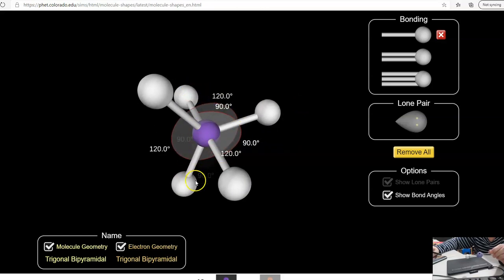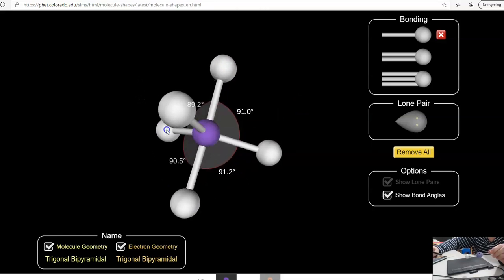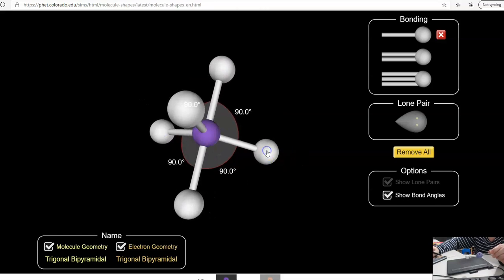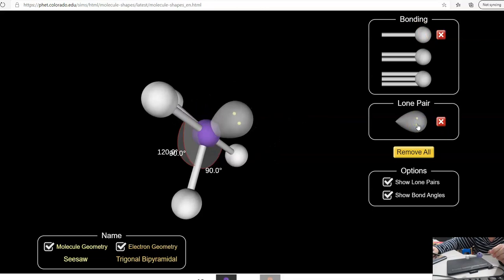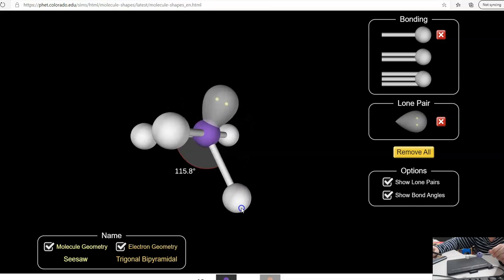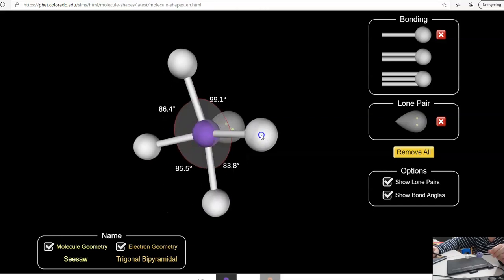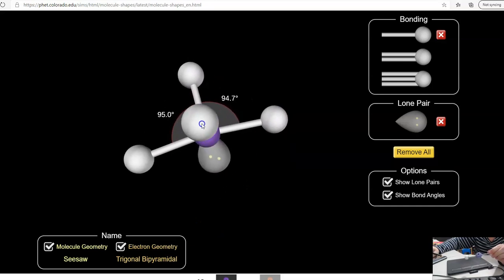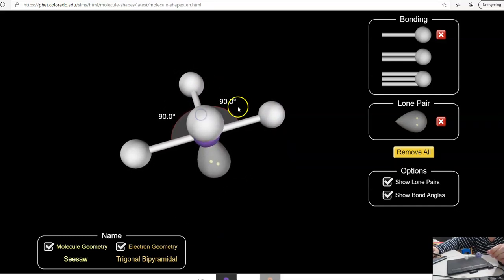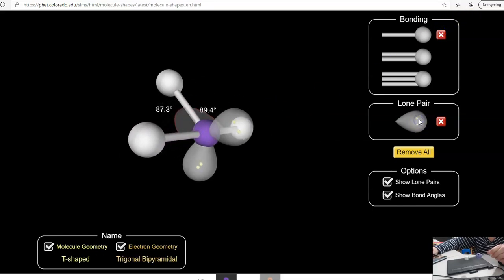Yeah, 1, 2, 3, 4, 5. Let me make it look this way. And let's say I take one of these off and add a lone pair. Look at it, still 90 and 120. Even if I rotate it, that's the hard part, trying to get the best angle of this. Still 90 degrees.